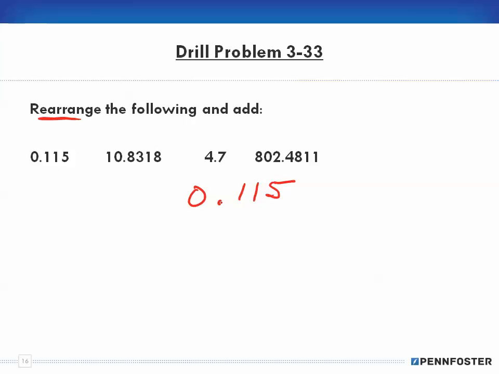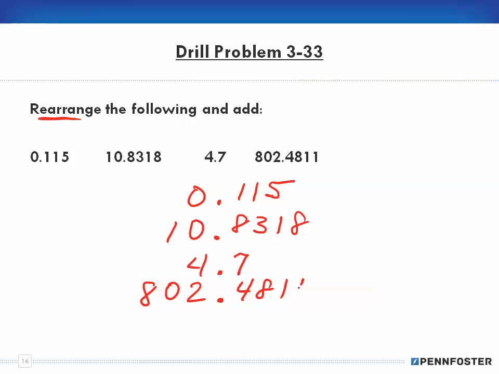We have to keep all of our decimals underneath each other and position our numbers accordingly. So when I write the 10, I keep the decimal aligned, 8318. Then I have my 4, put the 0.7, and then I write the 802, the decimal place, 4811.